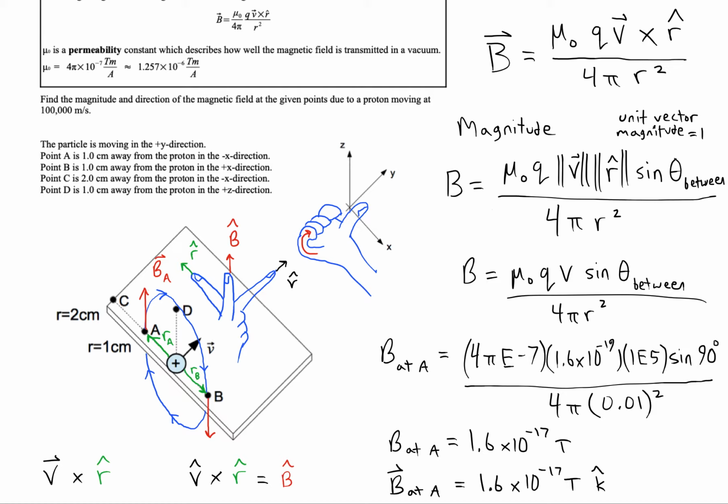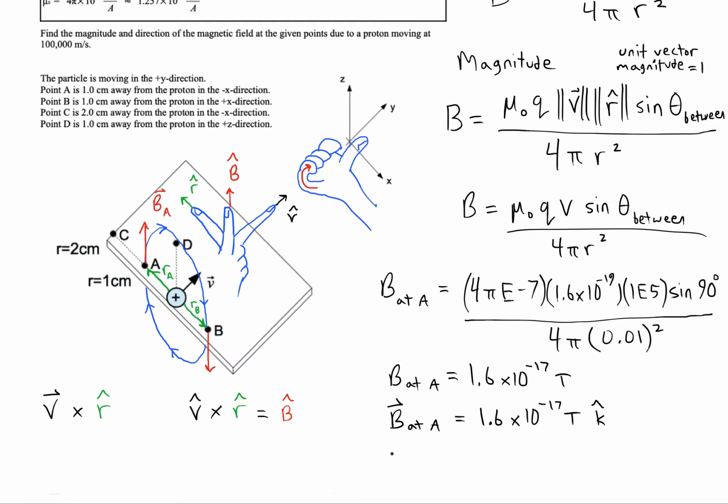And so the magnetic field there is going to be the same strength, but in a different direction. So the magnetic field at point B ends up being 1.6 times 10 to the minus 17 teslas. And this is going to be in the negative K direction.